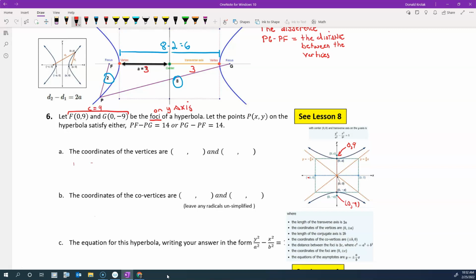Now the vertices are represented by A. We're going to use the property we just did in the last problem. If I subtract the two distances, that's equal to the distance between the two vertices. So this distance is equal to 2A.